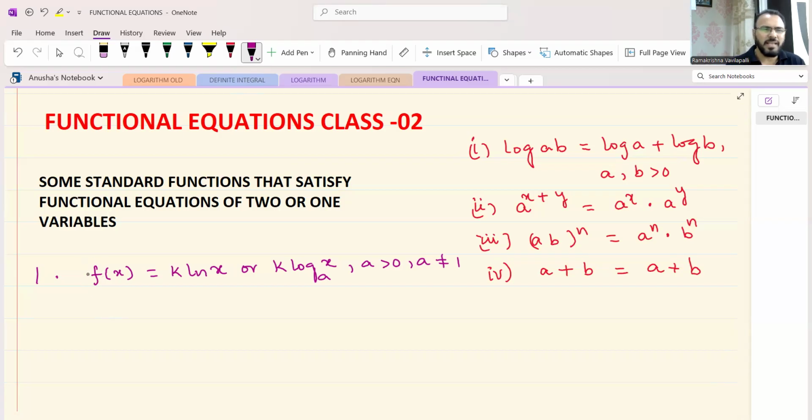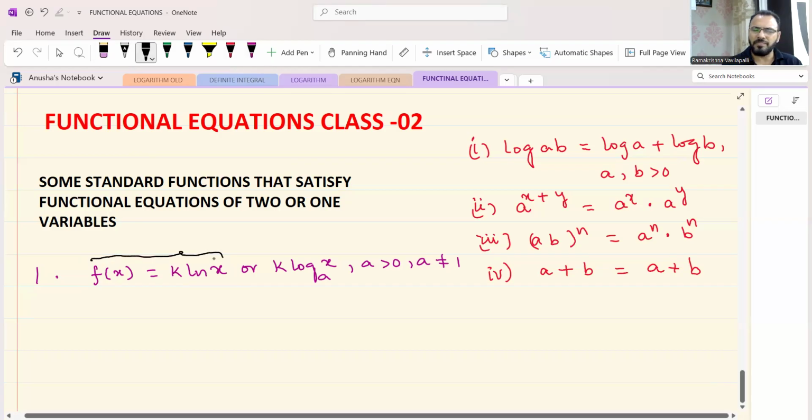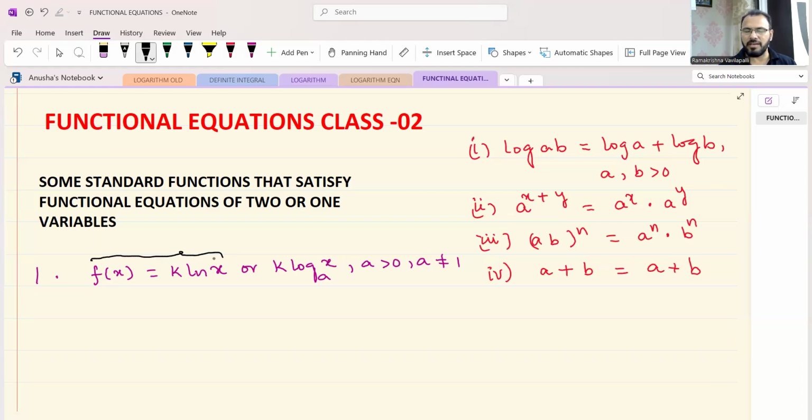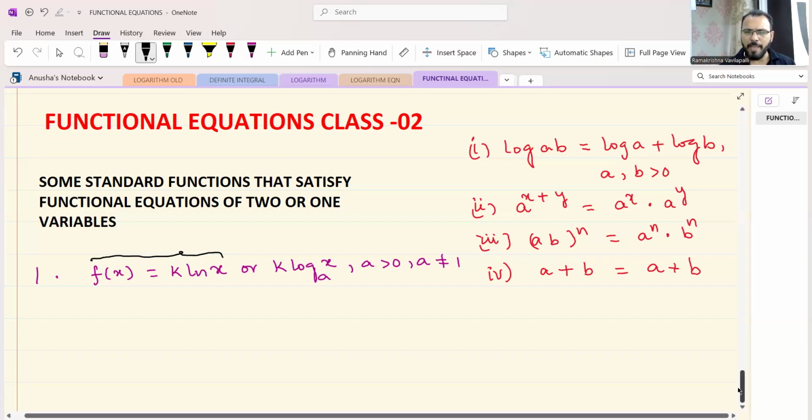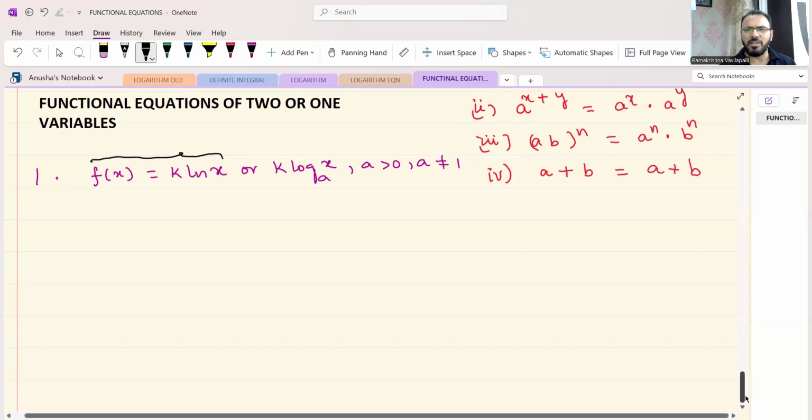Now you see that f of x equals k times ln x. This is the given function. Now we'll check what kind of relation is satisfied by f of x equals k ln x. Listen carefully and apply these functional equations to solve certain kinds of questions.